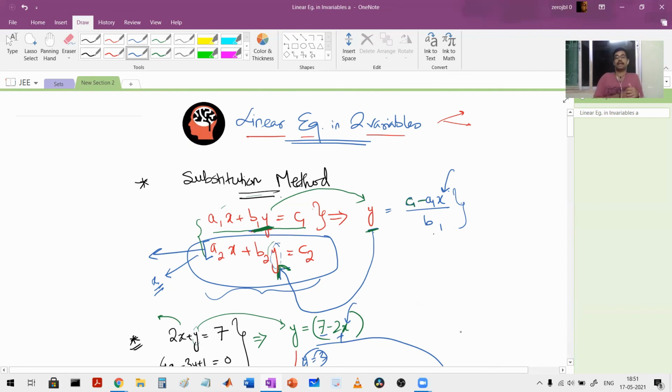Okay. Tushar Jha, can you tell me what is the method of elimination? Elimination method is simply eliminating one variable to find the value of the other variable. It's so simple to put in words. What is there to be not understood?